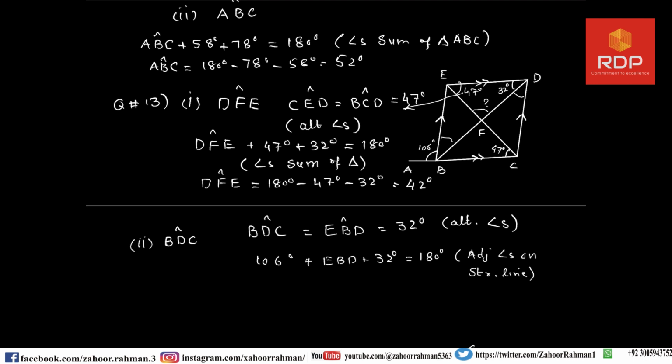So now we can find EBD is equal to 180 degrees minus 106 degrees minus 32 degrees, and when we calculate it, EBD will be equal to 42 degrees. So in this way we can find this as 42 degrees.